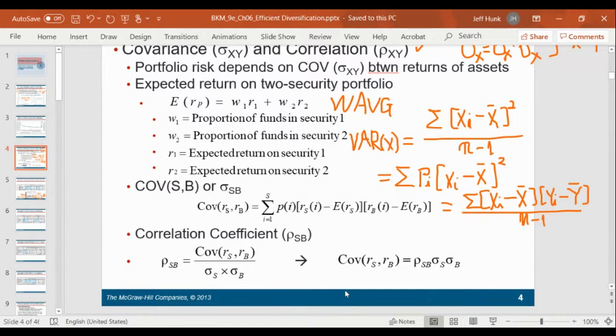And if the correlation coefficient is 0, that means there is no correlation whatsoever. So mathematically, correlation is defined as covariance over standard deviation of x and standard deviation of y.